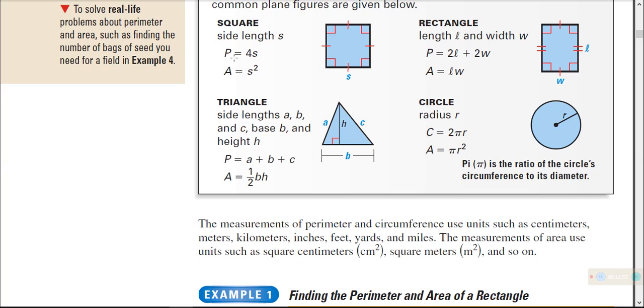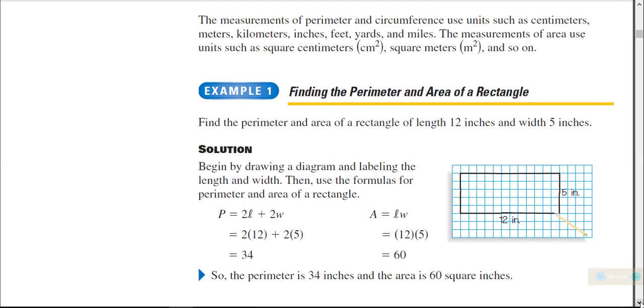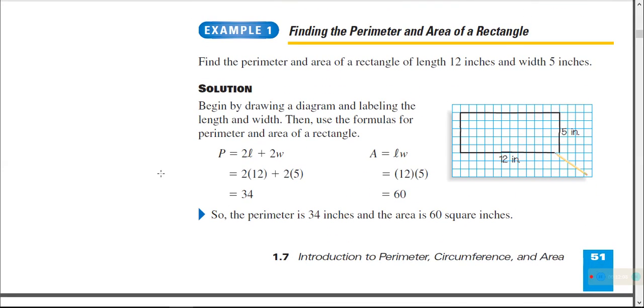Just get the sum of the measurement of each side, you will get the perimeter. So, don't worry too much about the formula of the perimeter. Okay lang makalimutan yan. So, find the perimeter and area of a rectangle of length 12 inches and width 5 inches.